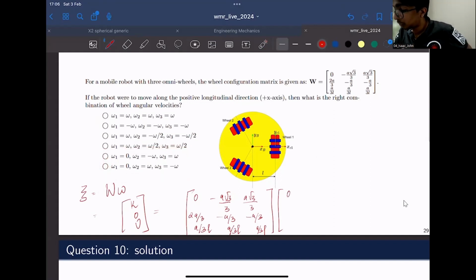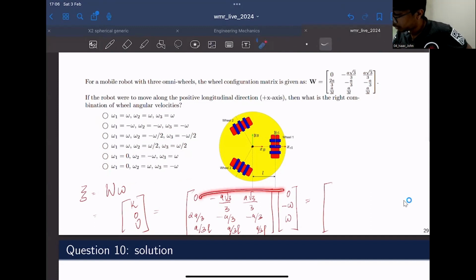If we go with 0, minus omega, omega, how will it look? If I multiply this out, the first element has 0, then plus something and plus something, so both are plus, and we get 2 times root 3 a by 3.